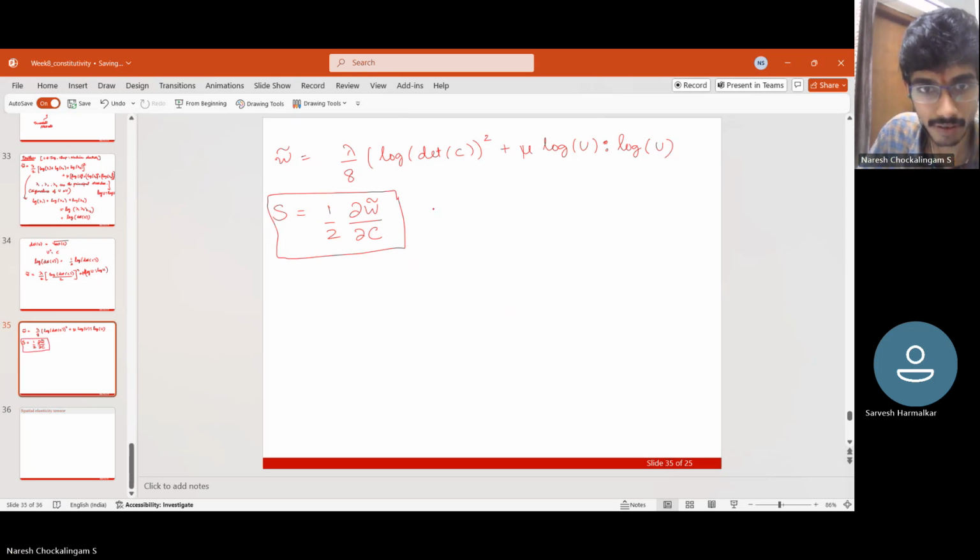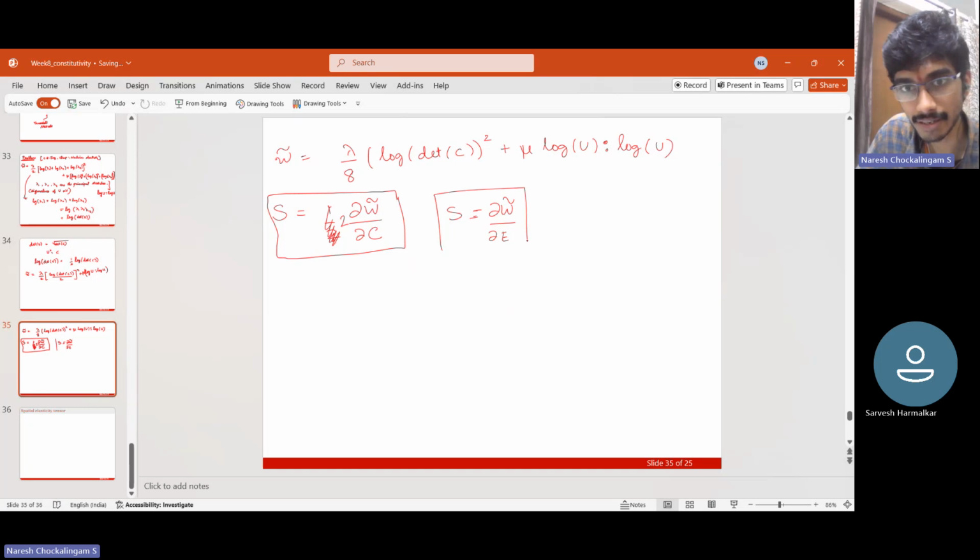For materials for which S is derived as the derivative, sorry, it's a 2 here. This is the definition of a hyperelastic material. But E is equal to half of C minus I. Therefore, dou by dou E is nothing but 2 times dou W by dou C.